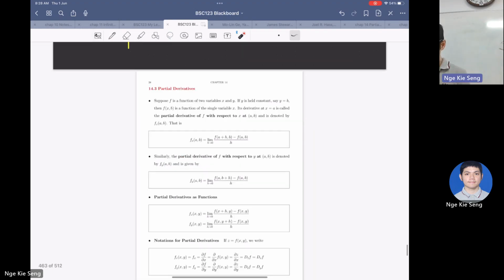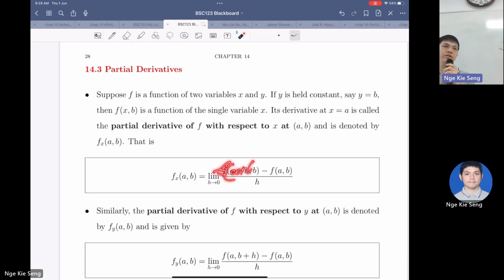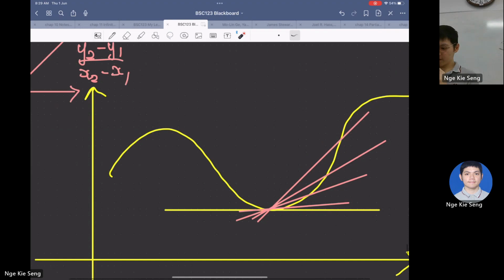So you can see here, the partial derivative definition is f of a plus h. You compare the next neighboring point with the point where you want to draw the tangent line, divided by the change. So you get the point closer and closer, h going to 0, until it reaches the point itself. This is the limit. So the partial derivative is the limit of some special function, and this special function gives you the slope nearby.